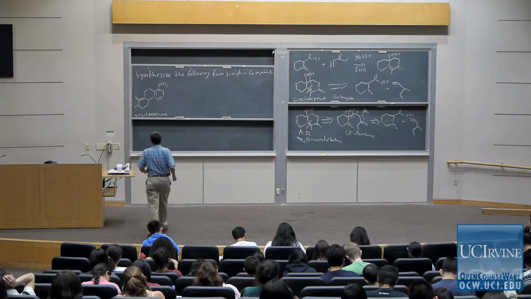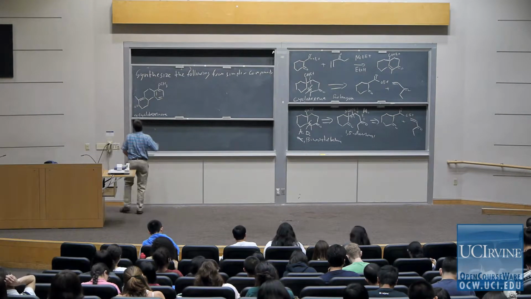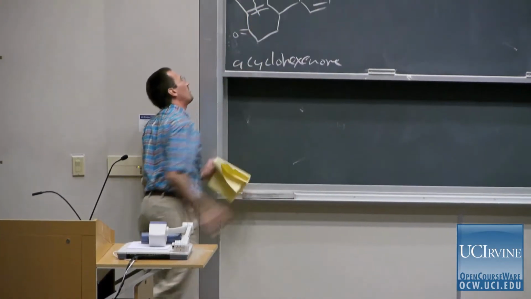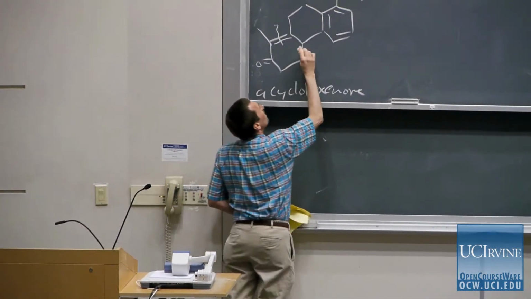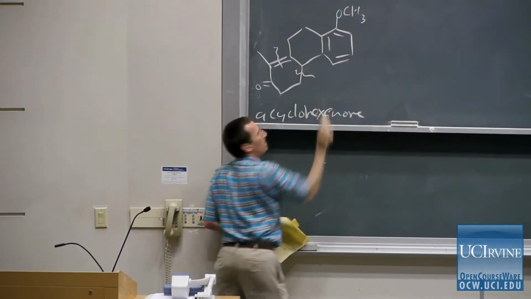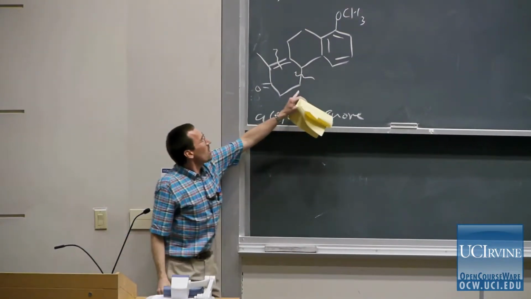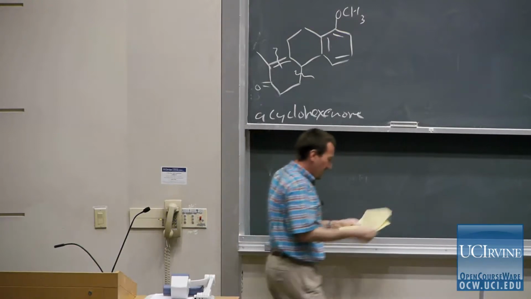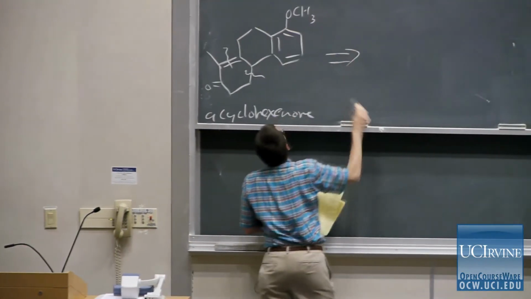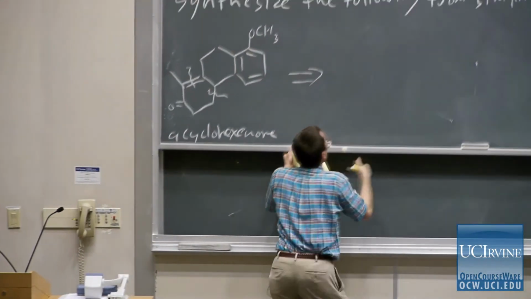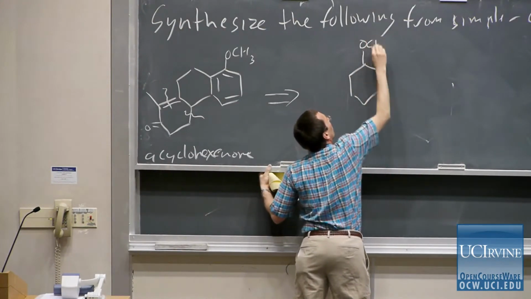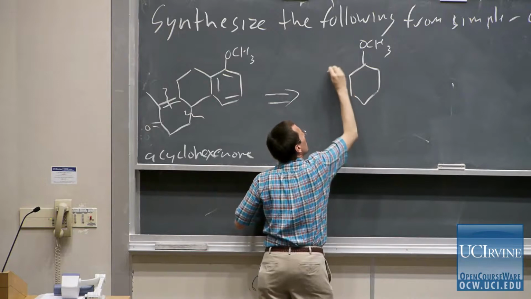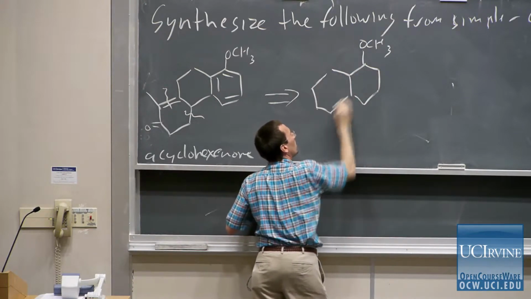And so I look at this and I say, okay, in the Robinson annulation, we form the alpha-beta unsaturated bond, and we form this bond over here. And so I look and I say, all right, thinking backwards, where does that get me? Well, that's going to get me to this ketone here.